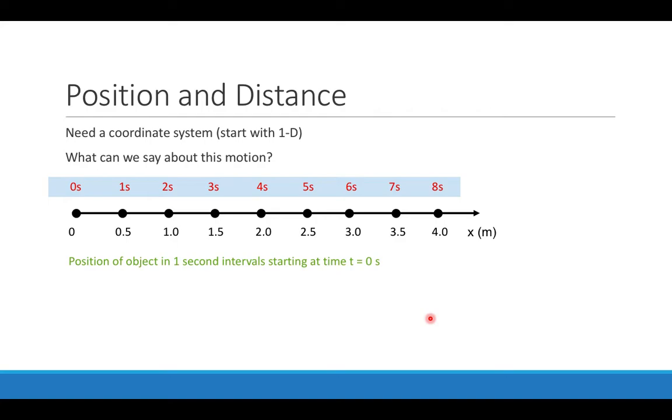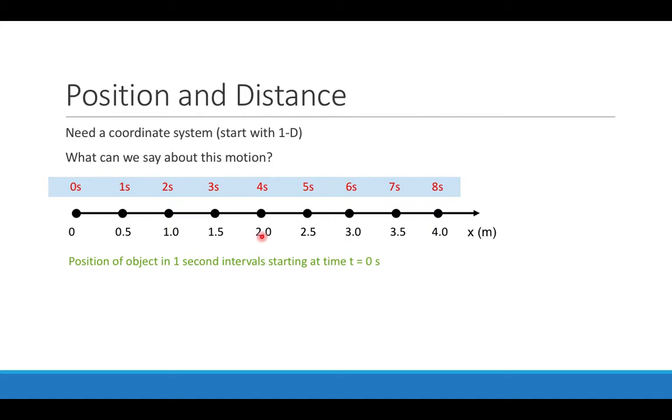If I want to describe the position of an object at a particular instant in time, I have to be able to say it's at this particular location, and the only way to do that is to have a coordinate system. We're going to start with one-dimensional motion, so we'll just look at the horizontal direction, and we'll use a traditional coordinate system, which would be the x direction along the horizontal axis.